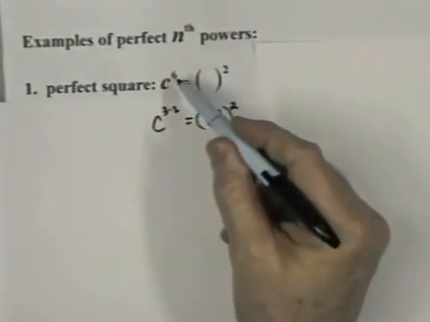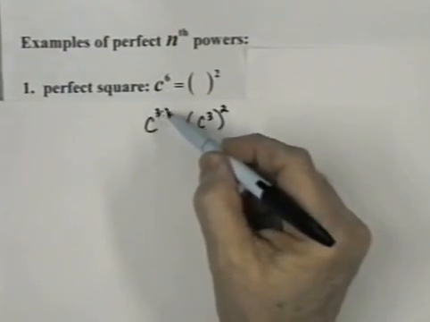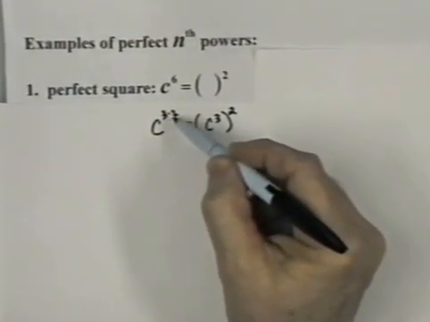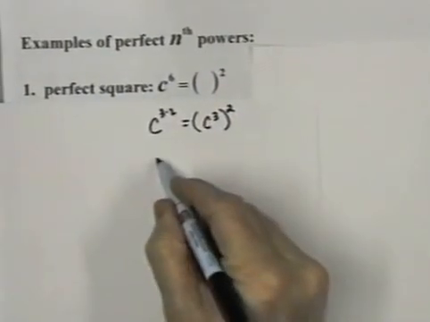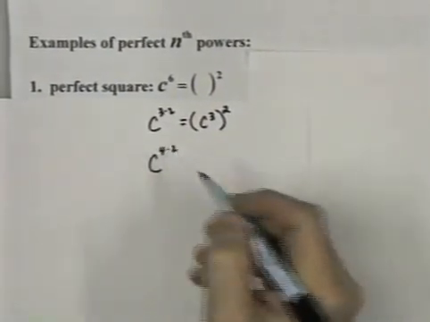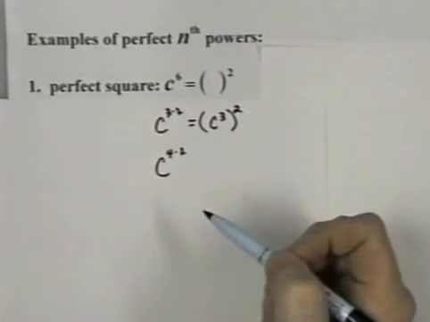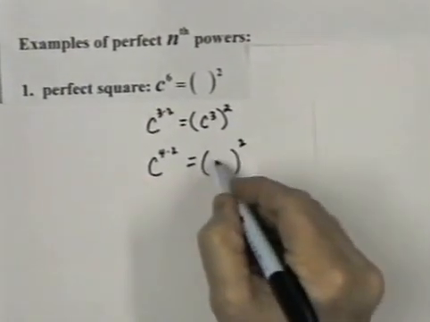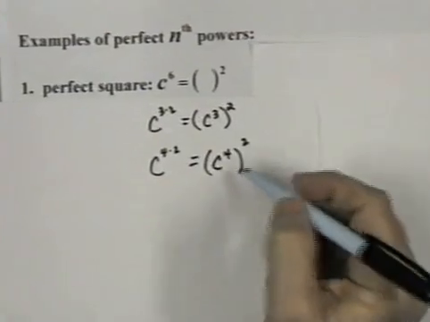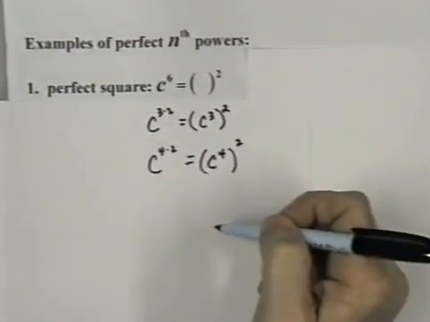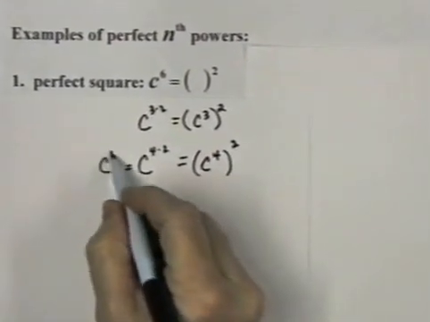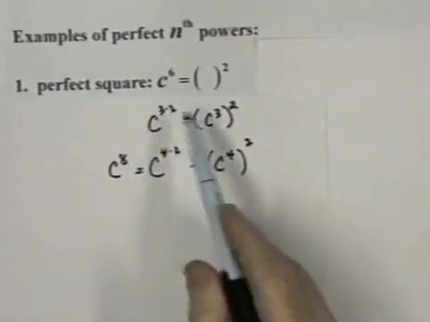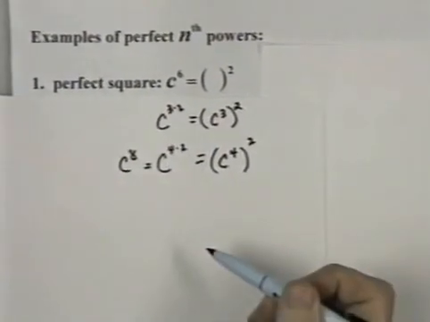It probably doesn't take a lot of thought to see that as long as we write an exponent with a factor of 2 in it, like this, that is, just change that 3, say, to a 4, that has to be a perfect square, because surely I can write that, by the same property of exponents, as the square of c to the 4th, or in other words, c to the 8th is a perfect square, or a perfect second power in this case.